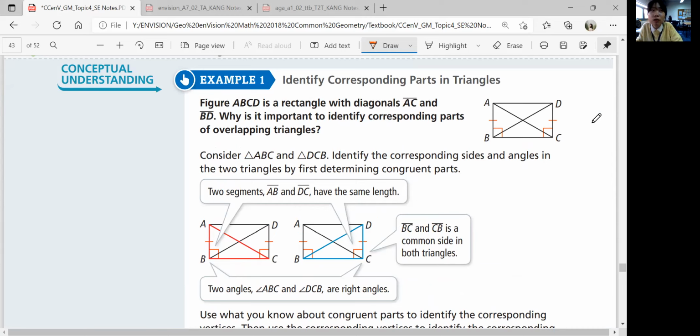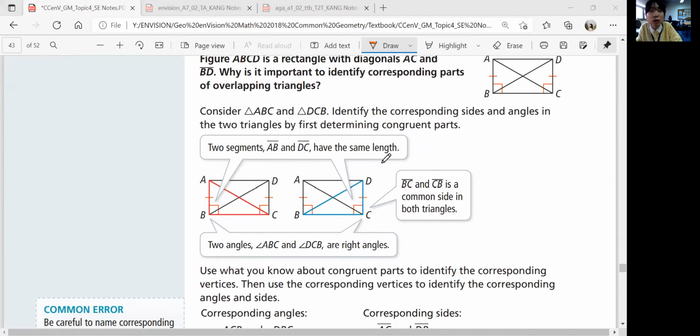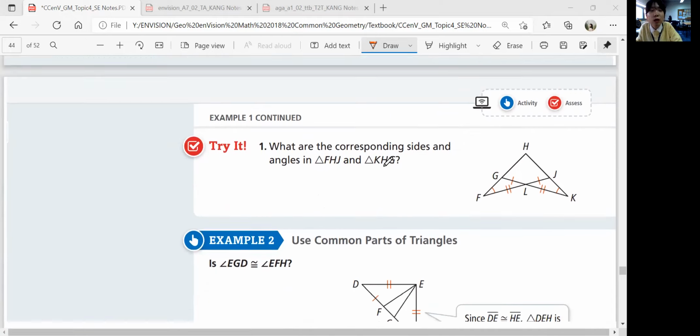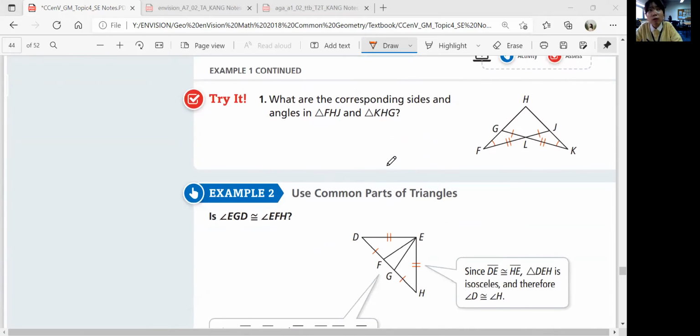So it is important to identify corresponding parts so that you know which is corresponding to which. And then you should be able to use the theorems to prove their congruency. Let's look at try number 1. What are the corresponding sides and angles in triangles FHJ and KHG?